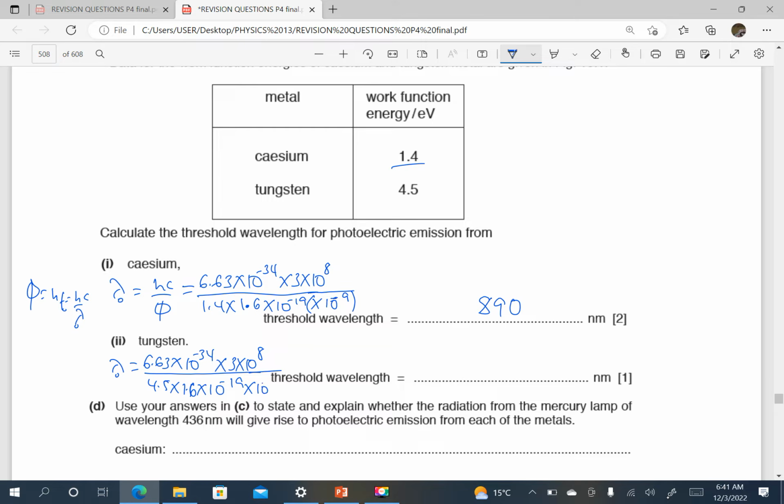Again, I divide by 10 power negative 9 to change it to nanometers. So this is approximately 280 nanometers to two significant figures.